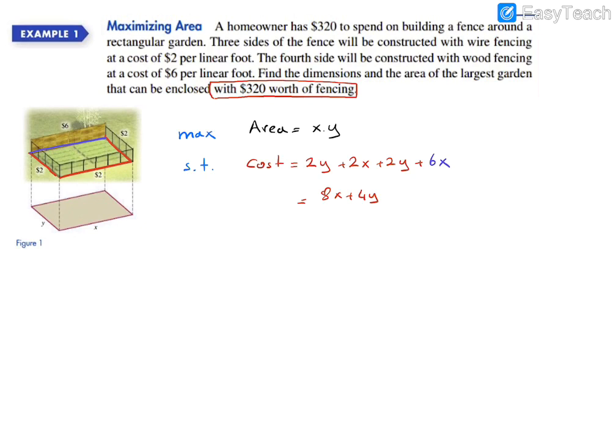I am sorry, the constraint is 8x plus 4y equals $320. So by solving the cost function, we can express y in terms of x. So y equals (320 minus 8x) over 4, which is 80 minus 2x.